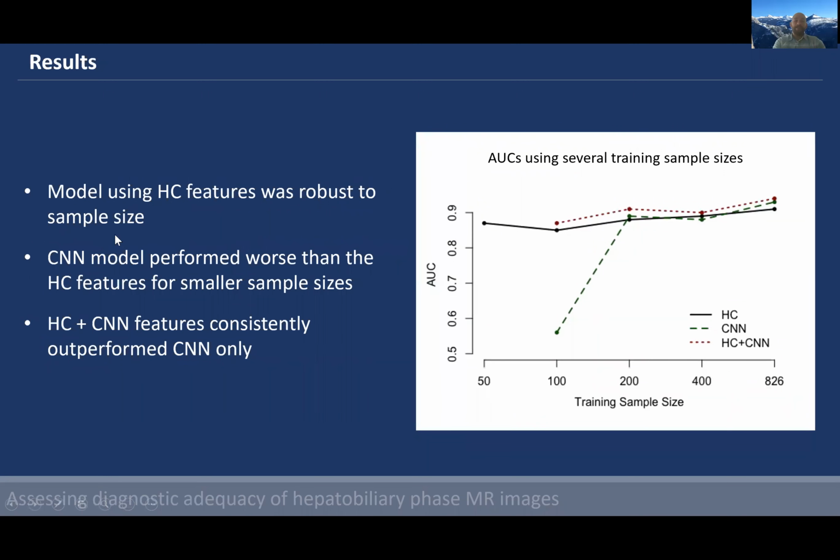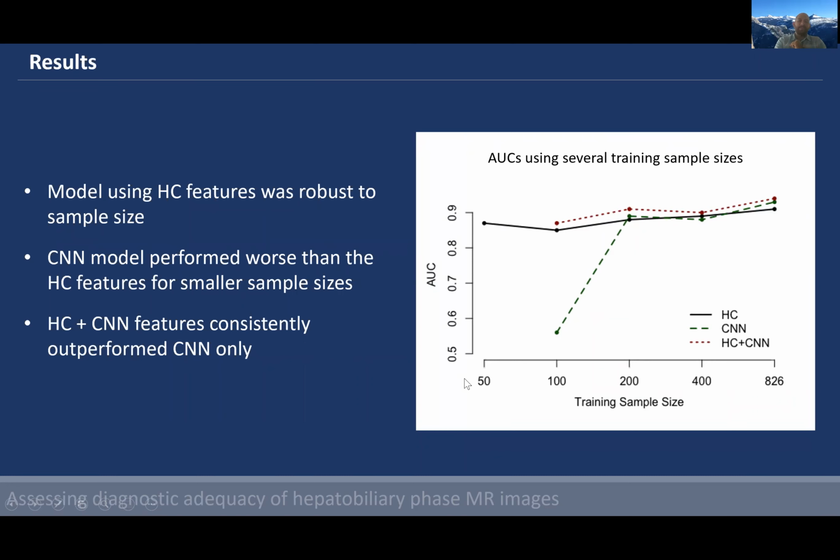So we found that the model using the handcrafted features was robust to sample size. So the solid black line here, the AUCs, basically the handcrafted features performed about the same for all these different sample sizes. What's more surprising is it was about 90% AUC or close to it with only 50 examples.